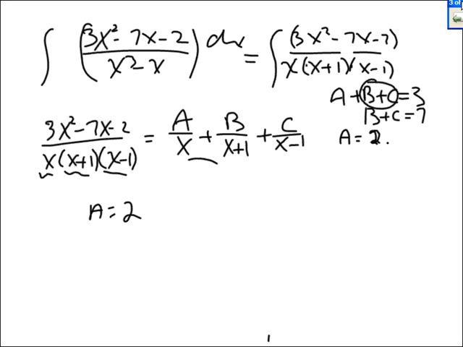Which is a very big problem. Because if that's 1, I'm saying it's 1 because 2 plus 1 is 3. Well, if b plus c is 1, then the next line is a contradiction. So maybe we had a silly error. Let us see what's going on.